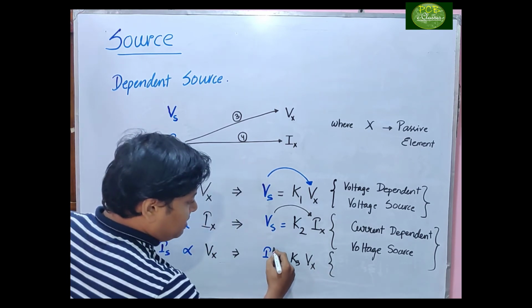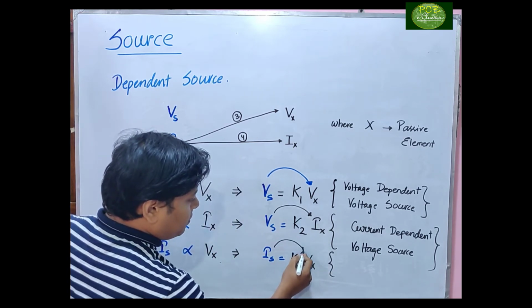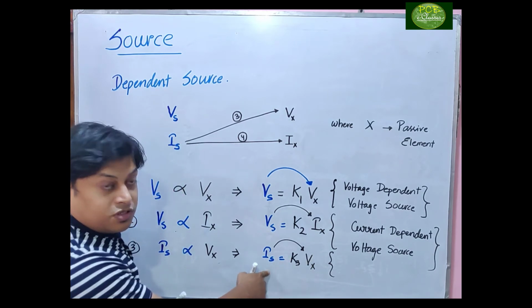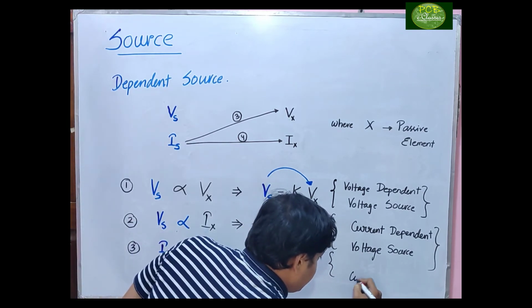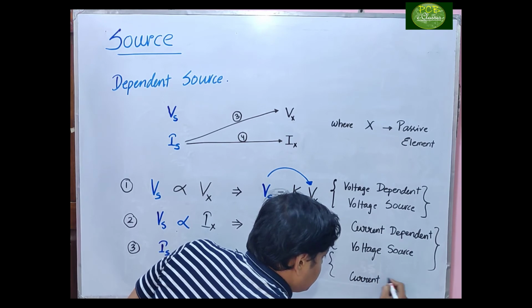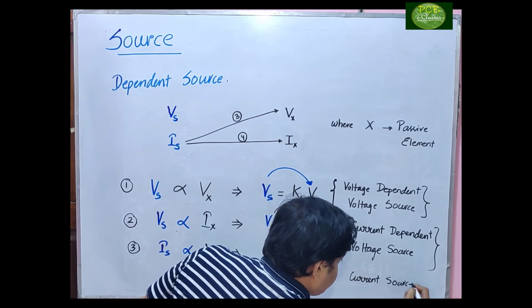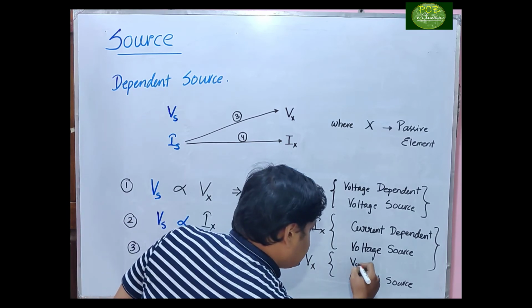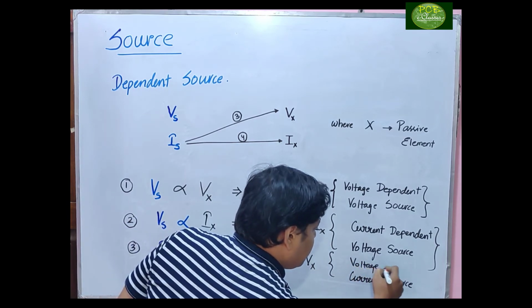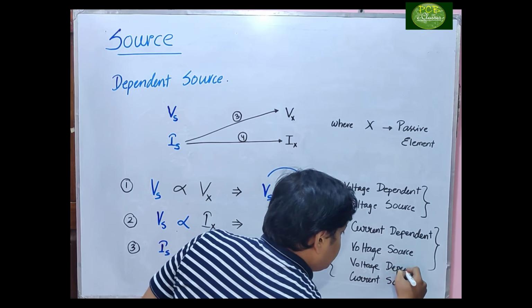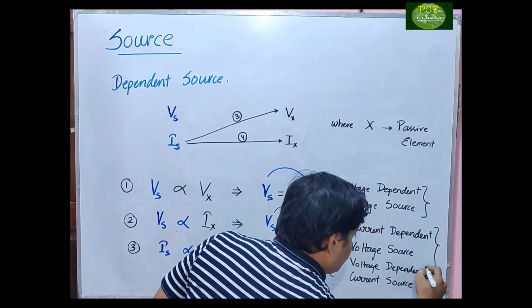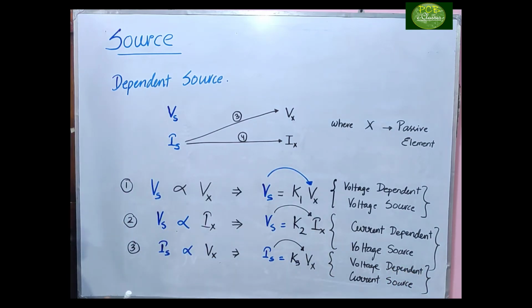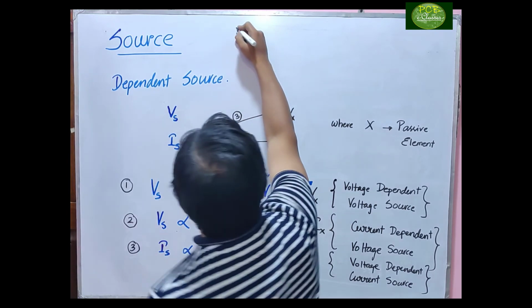This Is is depending on Vx. What type of source? Current source. So I'll write this one as current source. On what is it depending? Voltage. So voltage dependent current source.